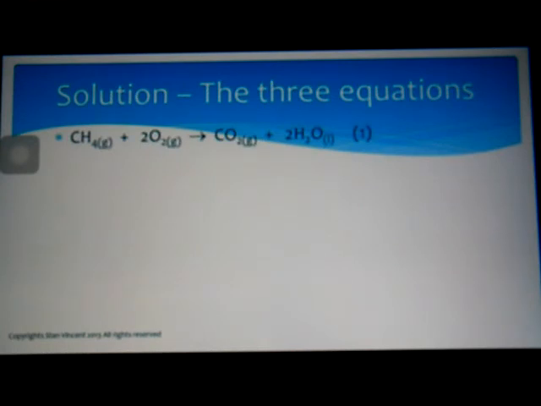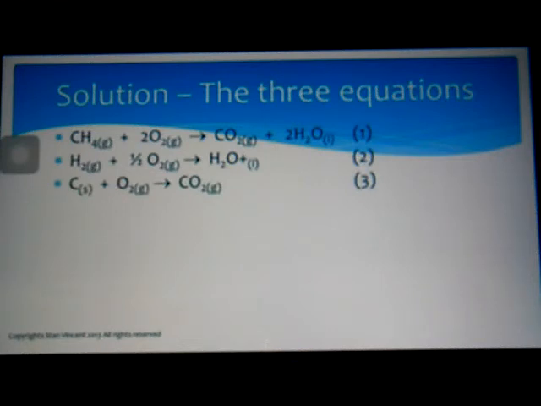Heat of combustion of methane would be CH4 plus 2O2 giving you CO2 plus 2H2O plus the heat energy released as given in the data. The second equation would be H2 plus 1/2 O2 giving you H2O, when 1 mole of water is formed. That's the second equation. And the third equation is C plus O2 giving you CO2. So we have just identified the 3 reactions. In the second equation, discard the positive sign that is written after H2O.